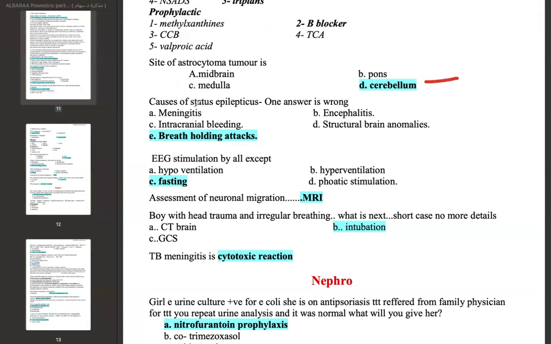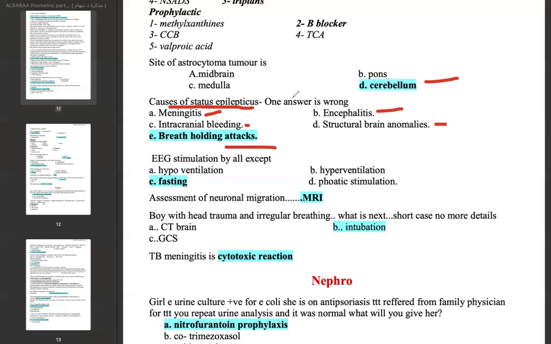Next is a case of status epilepticus. Status epilepticus can present due to meningitis, intracranial bleeding, encephalitis, or structural brain anomalies. But I don't think breath holding attacks can cause status epilepticus. So the question here is causes of status epilepticus.